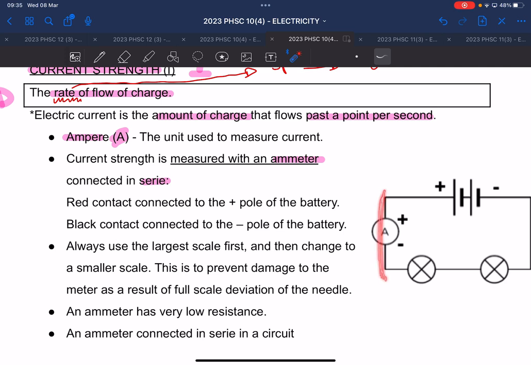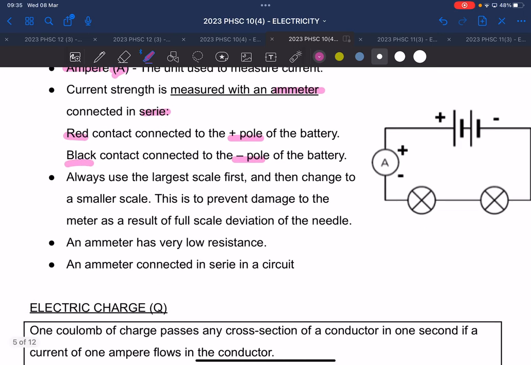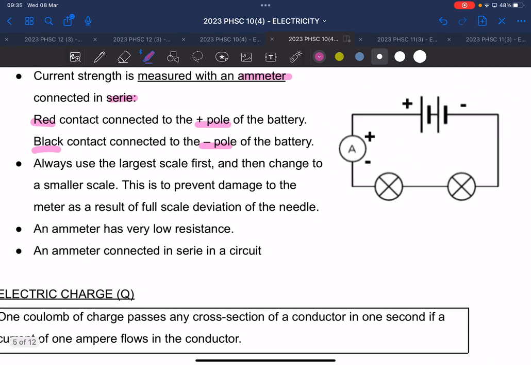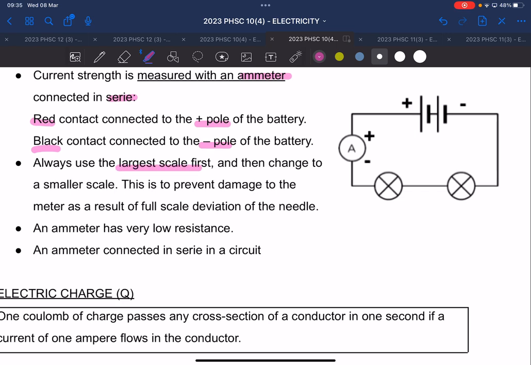Remember, the red is always connected to the positive side, and black is connected to the negative pole of the battery. Always use the larger scale first, otherwise you'll break the ammeter. An ammeter has a very low resistance. You just pass through it, and it's connected in series.